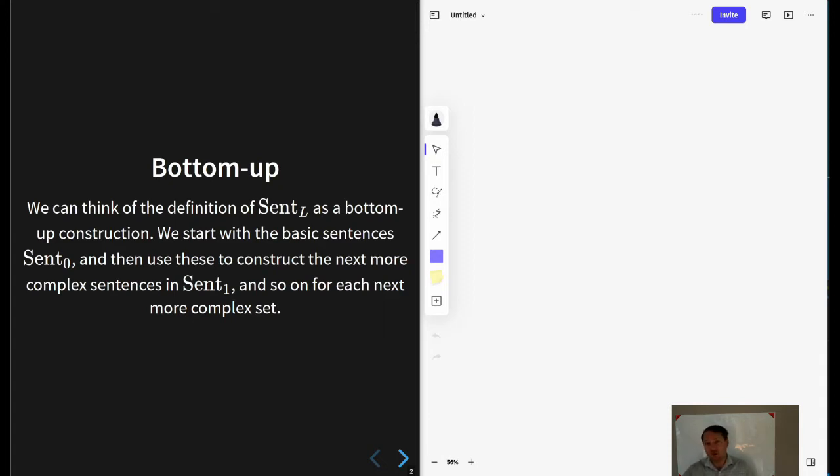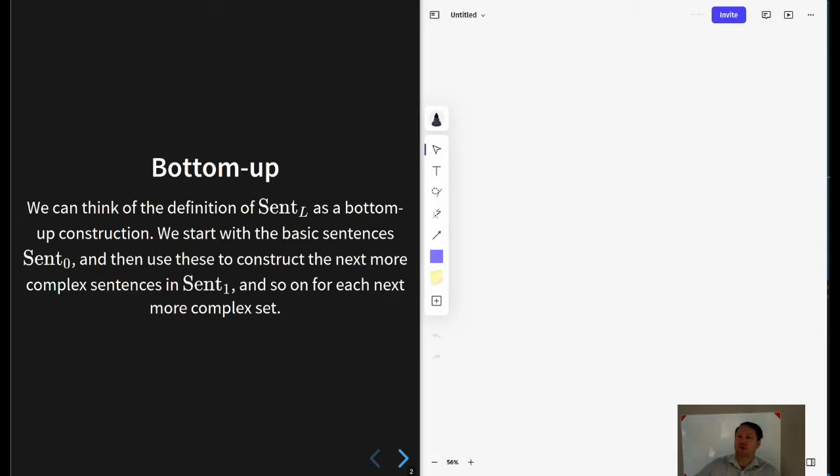And then from sent 1, we can build up sent 2, and so on. At any stage, it is a strict subset of the set of all sentences, and we keep getting more and more sentences as we go to the next sent n. If we then union them, in the limit, so to speak, we get all of the sentences.